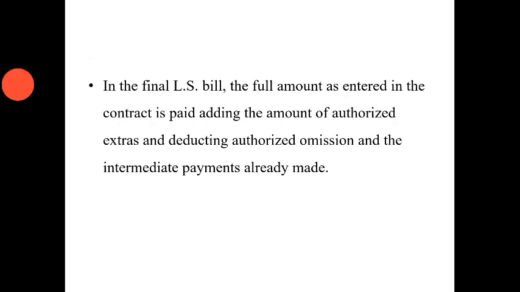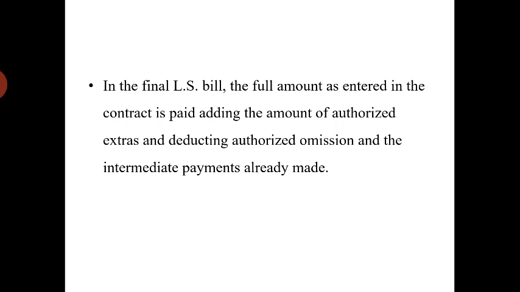Next, in the final lump sum bill, the full payment is made as entered in the contract, as entered in the estimated cost for the contract, adding the amount of authorized extras. That is why they use the word authorized extras.